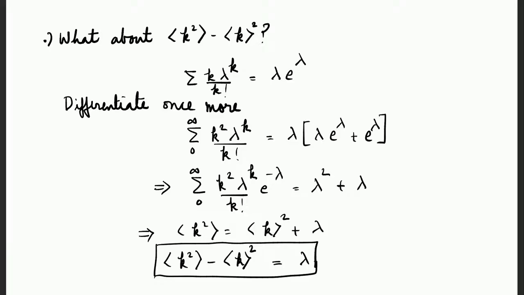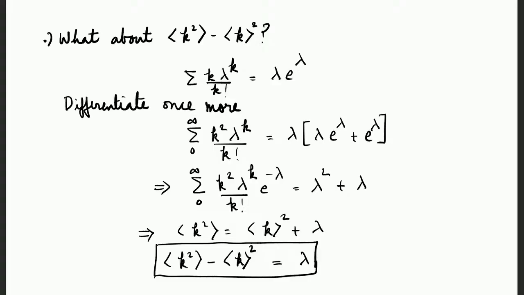If you do k square, you get lambda square plus lambda, just by differentiating this particular expression with respect to lambda. So expectation value of k square is lambda square plus lambda, but the expectation value of k, the whole square, is lambda square. So if I take k square average minus k average square, it is lambda.